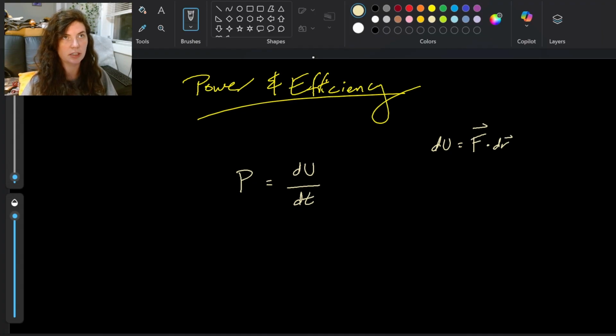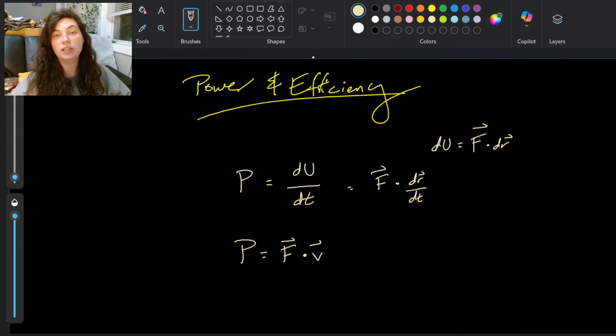Our force vector and then that position vector dr. So we can also substitute this into this power relationship where we get the force dot product with dr/dt. And of course, we know from the very beginning of this class, dr/dt is just a velocity. So we can get this power relationship where power is the dot product of force and velocity.